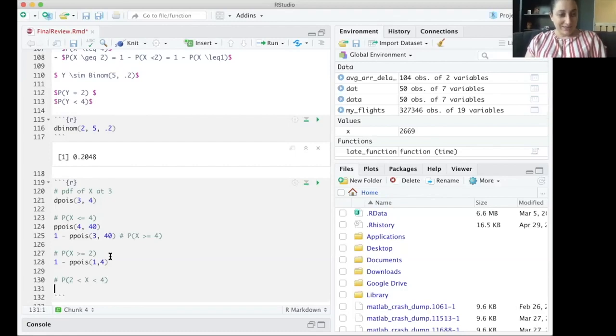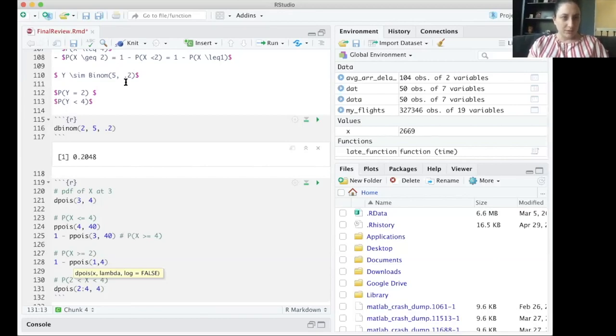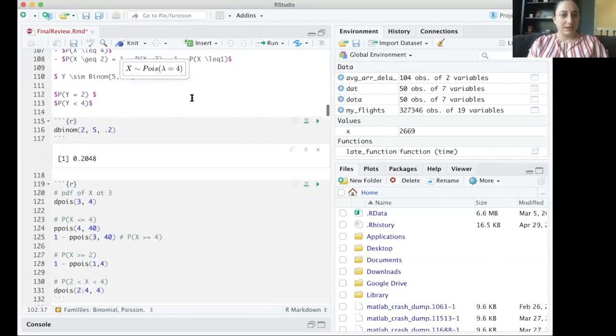The way I think of that, the easiest for discrete variables, not for continuous ones, is to just do D Poisson 2 through 4 and then 4. Lambda is 4.